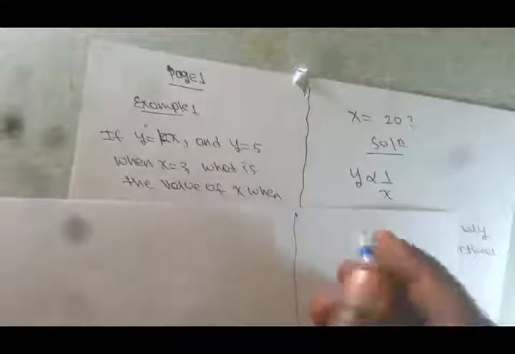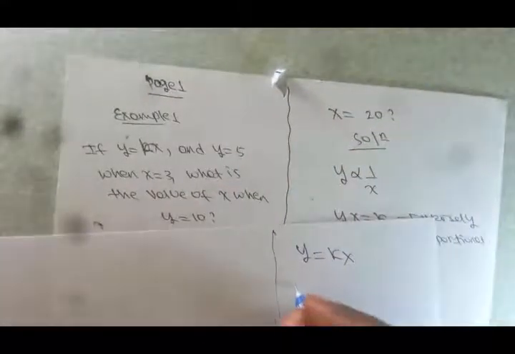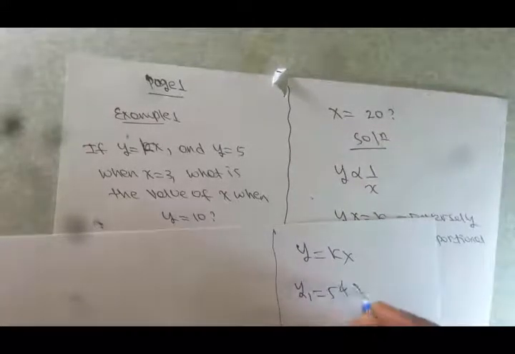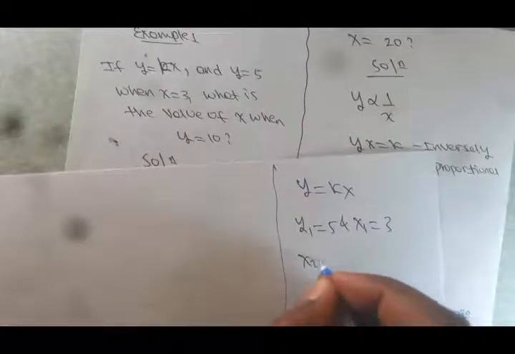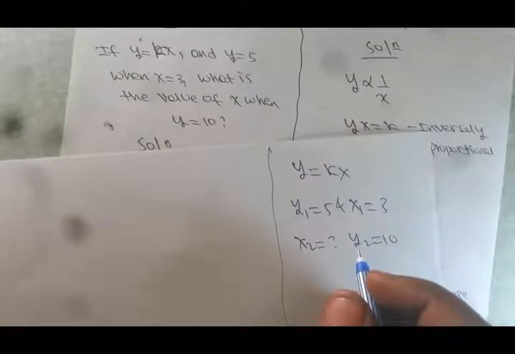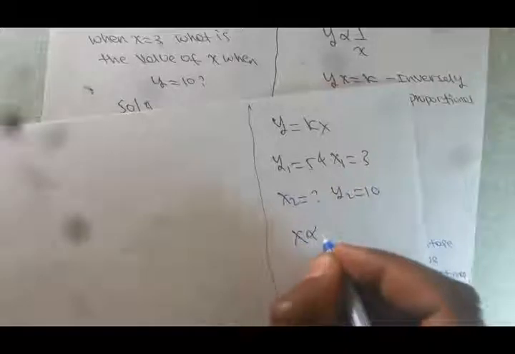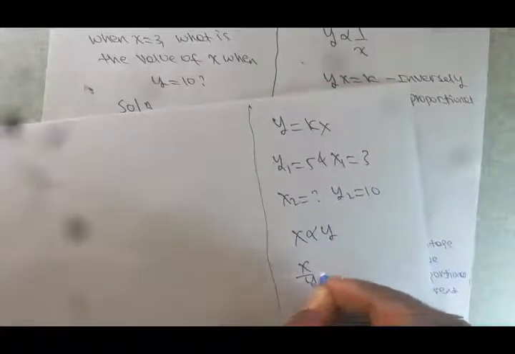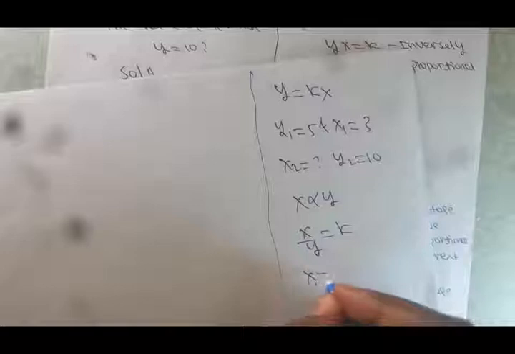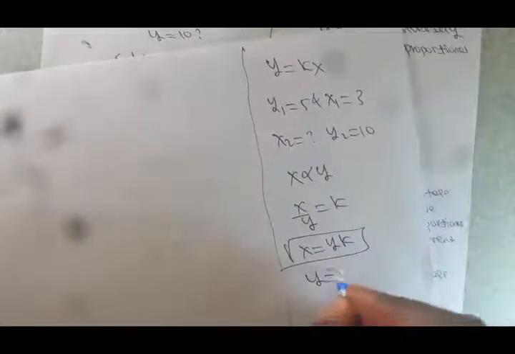And example 1 is given. If y equals kx is given, and y1 is given as 5 and x1 is given as 3, what is the value of x? That means x2 is required and y2 is 10. First we have to ask whether the given equation is inverse or direct. When it is direct, y is directly proportional to x, so y over x equals k, or y equals x times k.